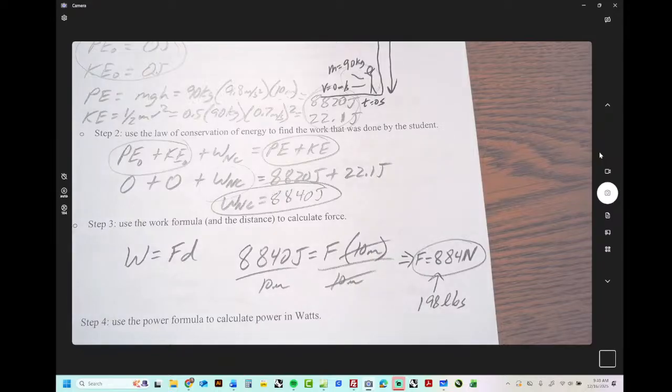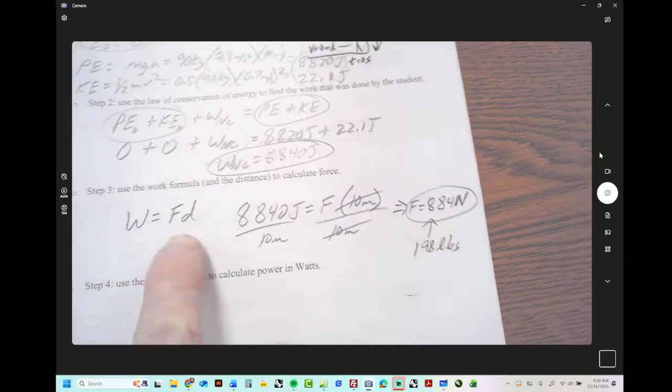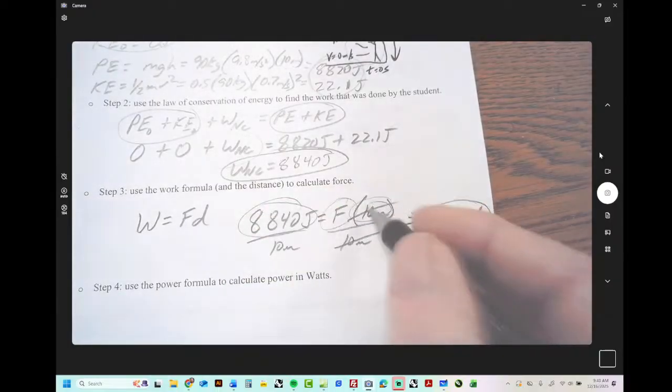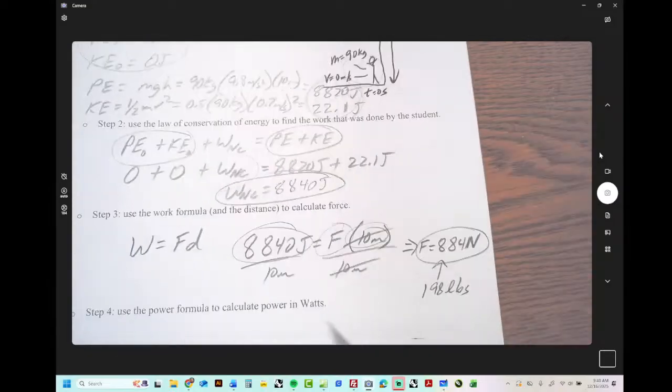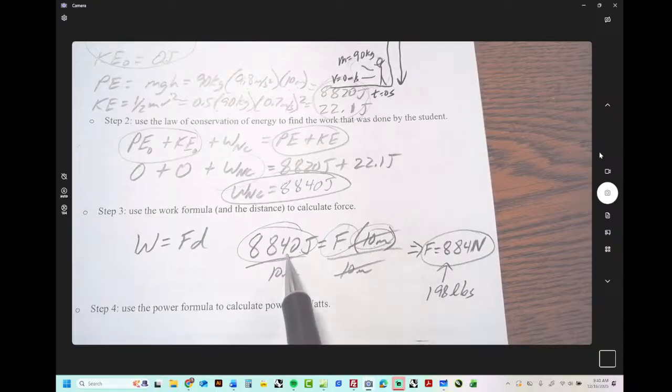All right, here's the reveal. You should have 884 newtons. So if work is force times distance, this is the work. There's the force, there's the distance, 10 meters. So you could do it like this. If you have 8840 equals F times 10, divide both sides by 10. 8840 divided by 10 is 884.